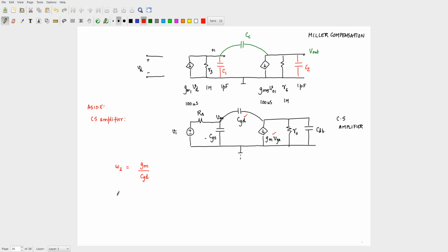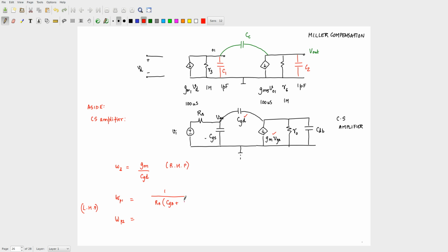Then what were the two poles? Omega P1 and omega P2. This was a right half plane zero. Your poles are both on the left half plane, and these are the magnitudes of the poles. What was the first pole? Approximately, at least, it was 1 by Rs, and then you had Cgs plus the gain.